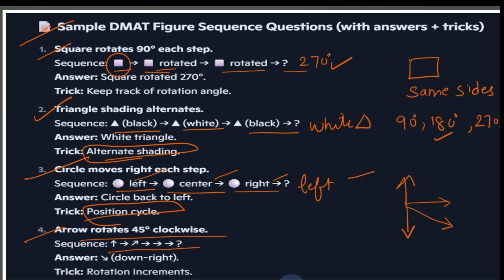Here this, and then this, then again here, again and again it is like this.